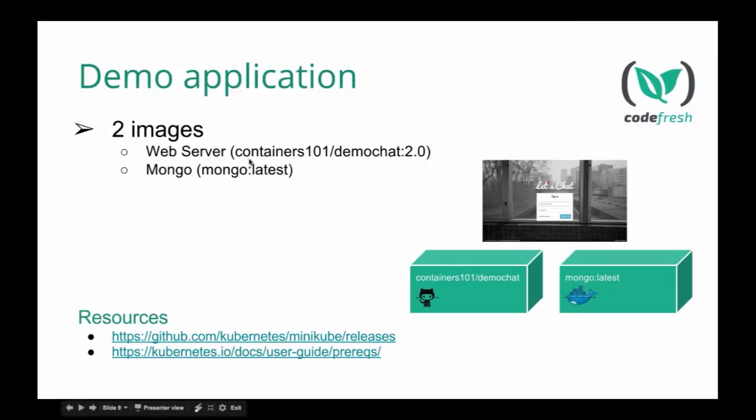The image is available on Containers 101 on Docker Hub, demo chat, with the tag 2.0. The demo chat application code, if you want to build the image yourself, is on github.com/containers101/demo chat. And for Mongo, we basically took the latest Mongo image available on Docker Hub.